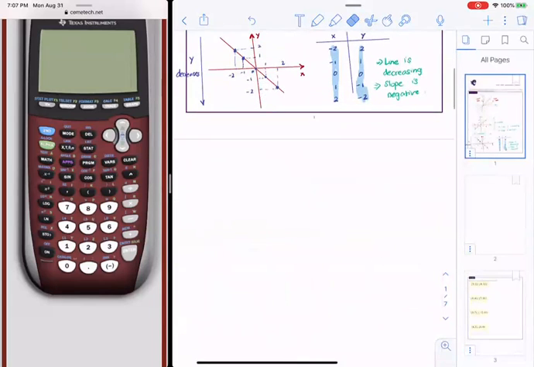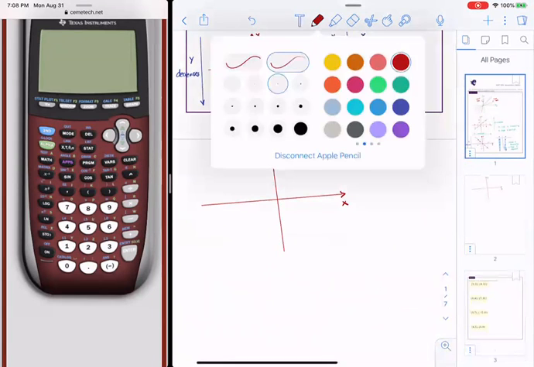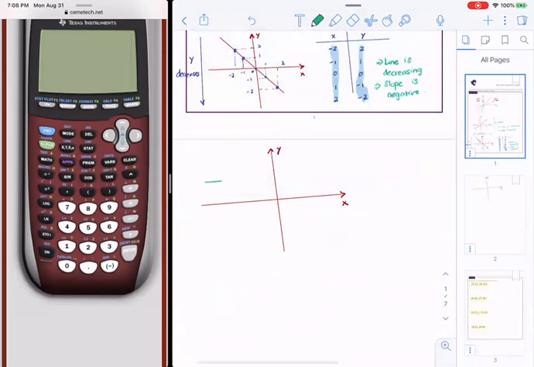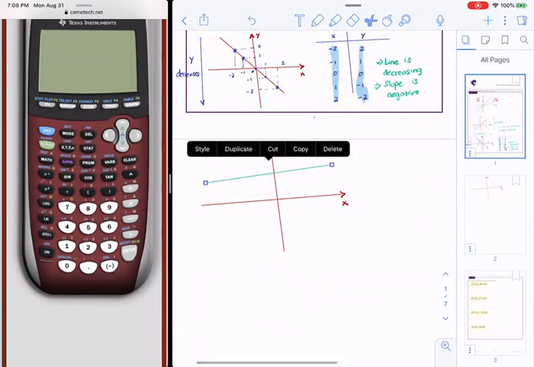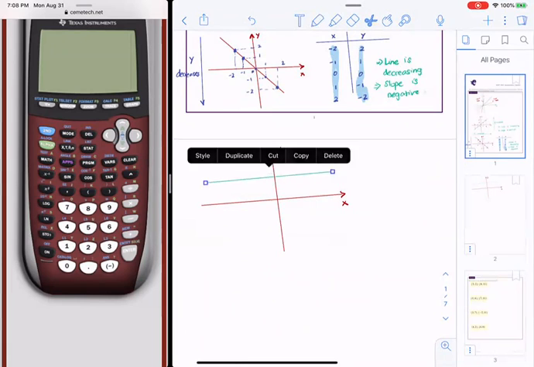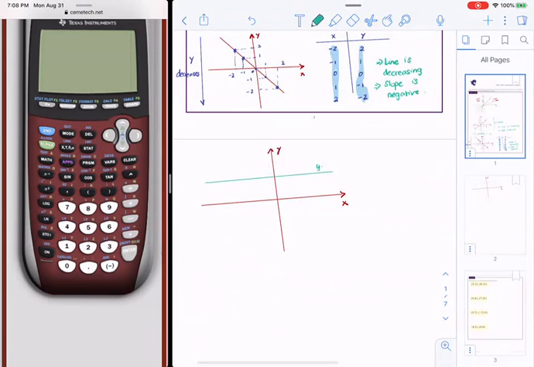So if we have a horizontal line, for example, y equals 2, then it's not going up, it's not going down, it's just flat.